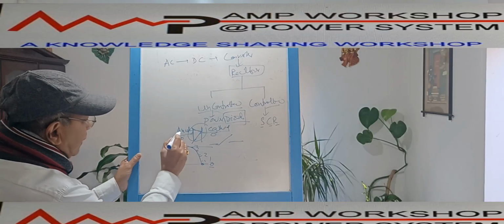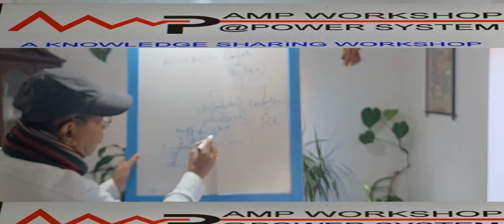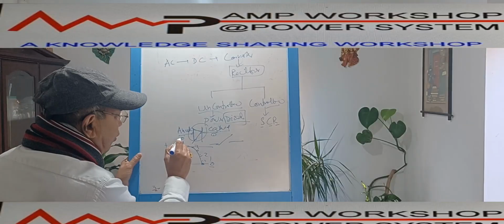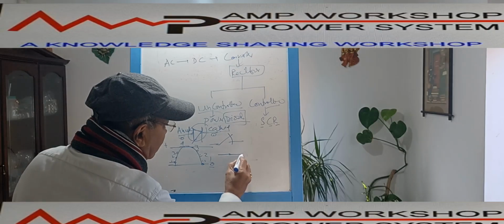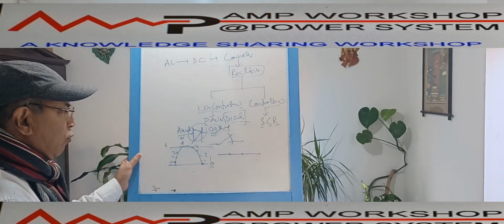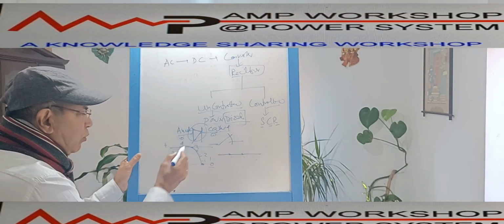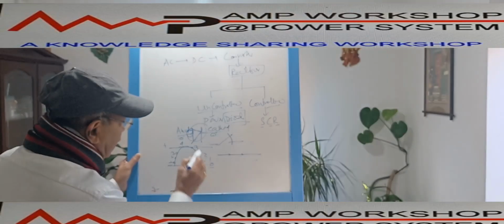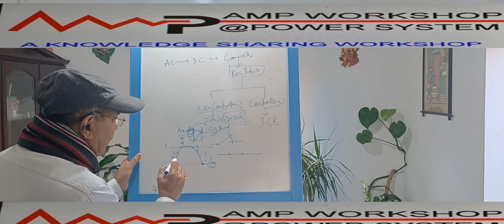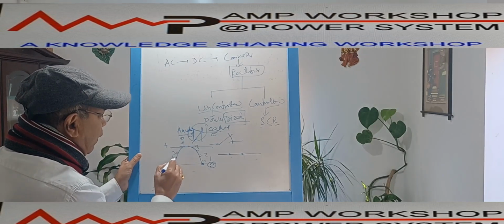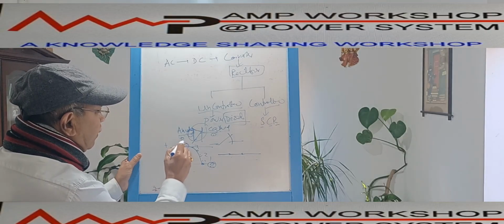The moment this voltage becomes 1 and the cathode voltage is maintained at 0, it becomes positive. Immediately this switch becomes closed. That means the switch is like this. Now it is in a closed state. How long will it remain closed? Till the anode is positive with respect to the cathode. The anode goes 1 volt, 2 volt, 3 volt, 4 volt, that is the maximum.